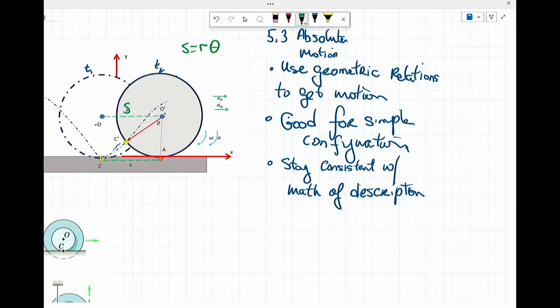Right there, that distance, straight line motion, is going to be S equals R theta. The other thing that's really important to remember is that when you have no slip, and we won't be checking slip or no slip right now, but we will in the next chapter, the velocity at point C, when it's in contact with the surface, is 0. So it's 0 velocity at point C. I know that S is equal to R theta.